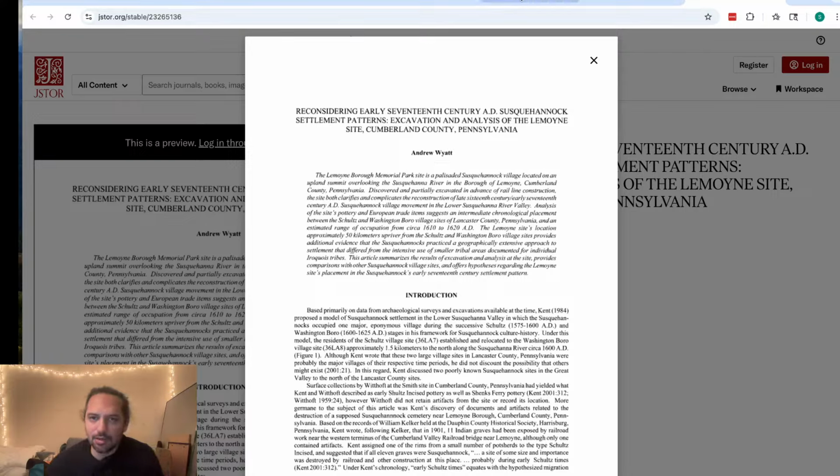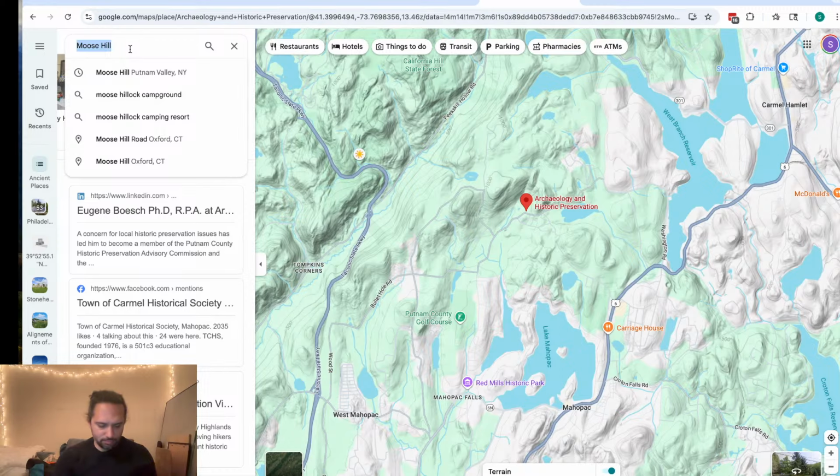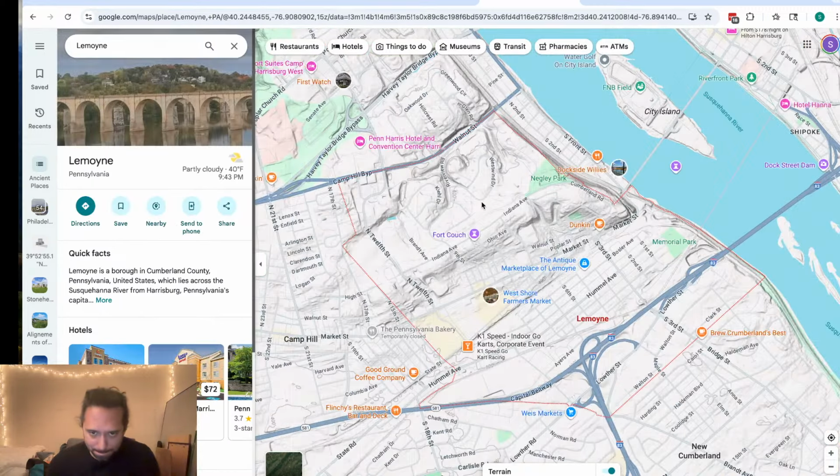Where is that? Lemoyne, PA. So basically, you're right across from Harrisburg.